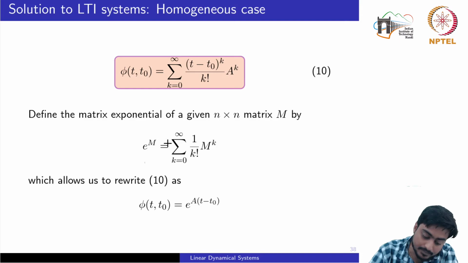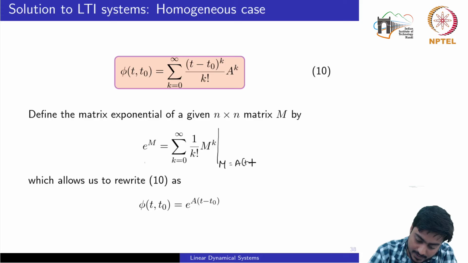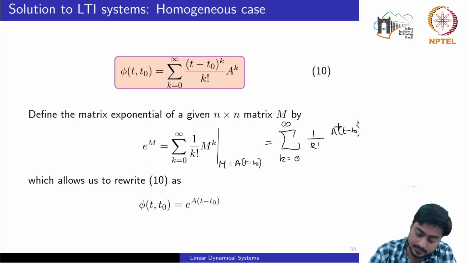So if I replace M by A into t minus t naught here, I would have the summation k equals 0 to infinity of 1 over k factorial, and M is basically A into t minus t naught to the power k, right? Which I can write as A to the power k into t minus t naught to the power k, which is equal to this part.